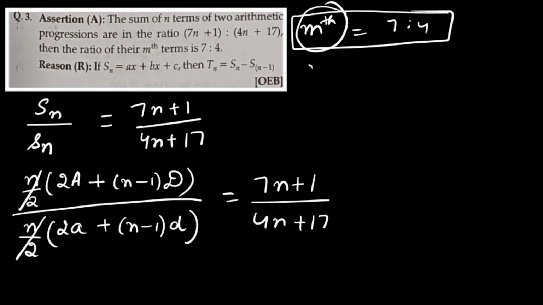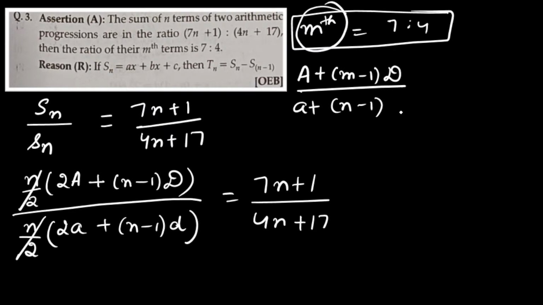So this side I should get a plus m minus 1 into D, and its ratio by a plus m minus 1 into small d. This is the form we should get. So how will we get it? We have 2a on both the sides.